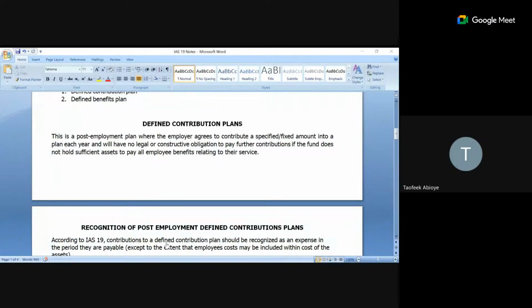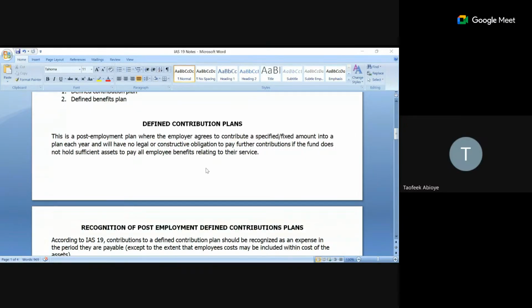However, the difference is that it's not the entity that is keeping the money. They are dropping the money into the pension account with a PFA, like Leadway Pension, Premium Pension, and so on. So that is a defined contribution plan.